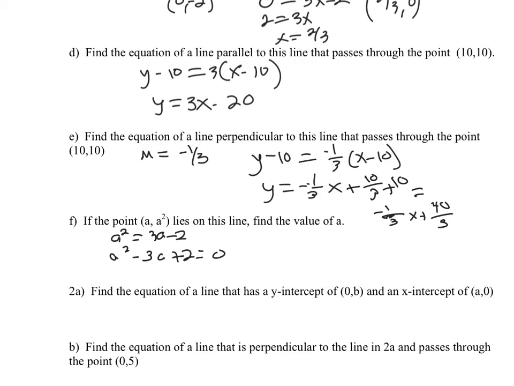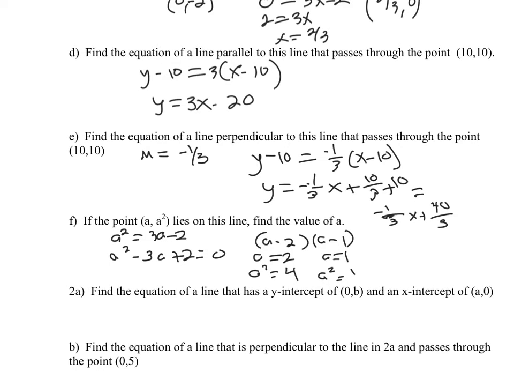Factoring, we get a minus 2 times a minus 1. So a is equal to 2, in which case a squared is equal to 4, and that also falls on the line y equals 3x minus 2. And we also get a is equal to 1 and a squared is equal to 1, which also makes the equation y equals 3x minus 2 true.